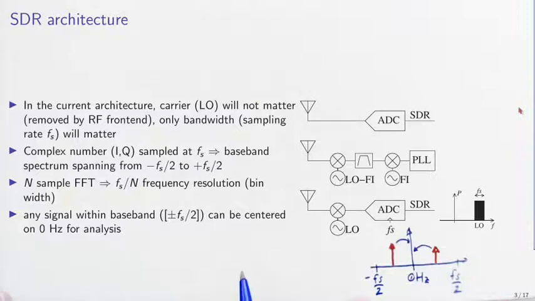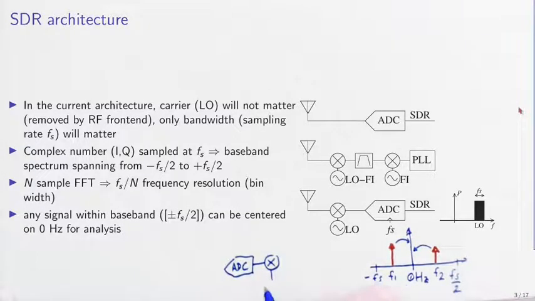So this means that once the data has been sampled using the A to D converter, we need to transpose the signal to bring it centered on 0 Hz. So we will mix each one of these spectral components at F1 or F2 by, this time, a software-defined radio oscillator.